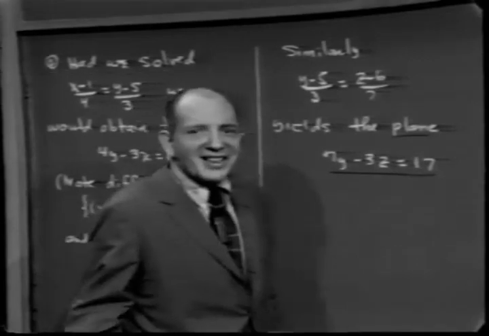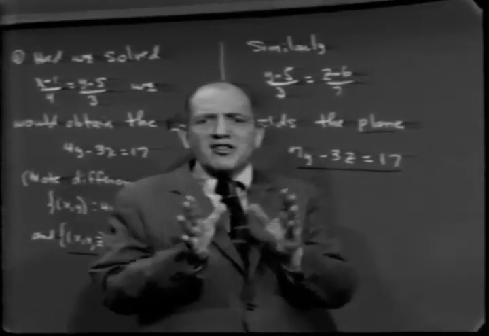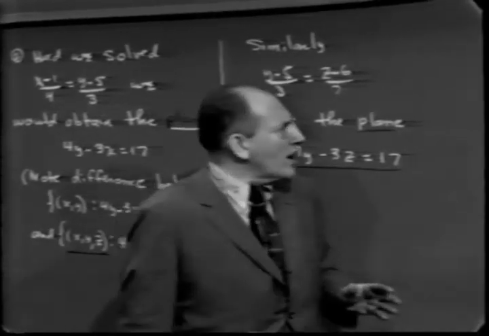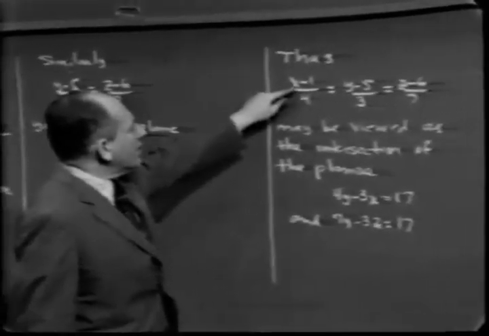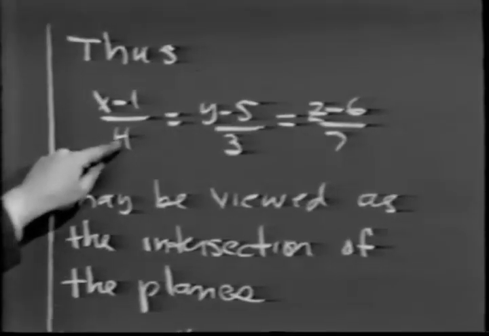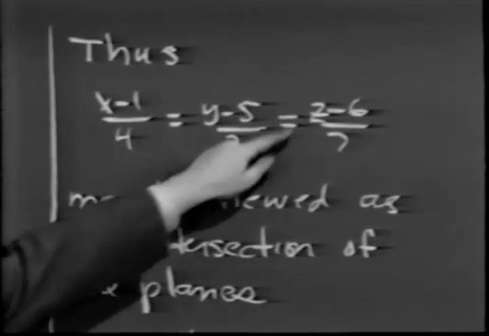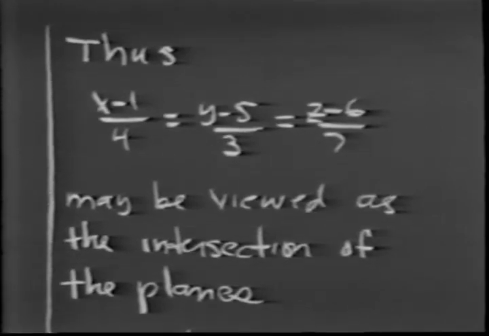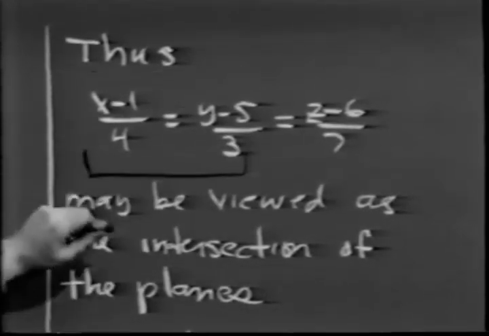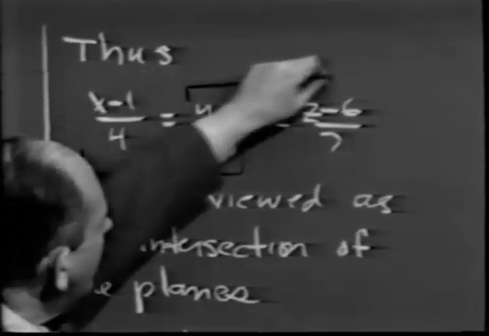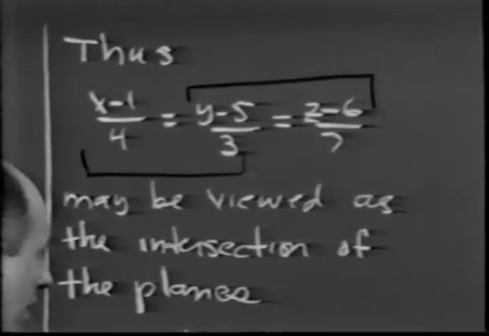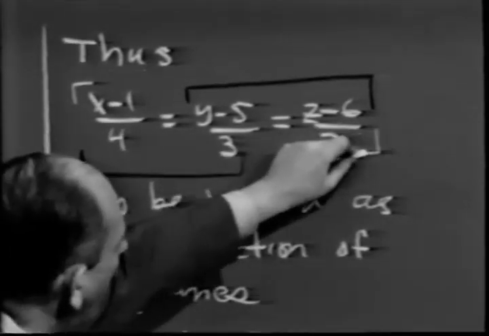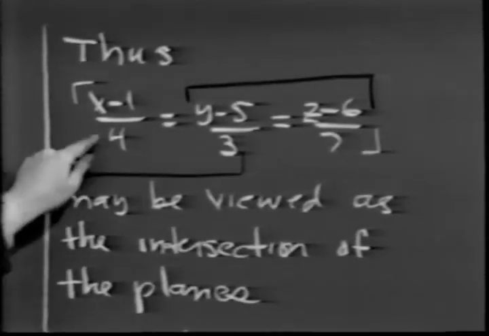So if you'd like to look at our set of 3 equations in pairs, another way of saying it is this: that the triple equality (x minus 1)/4 equals (y minus 5)/3 equals (z minus 6)/7 may be viewed as the intersection of the 2 planes, namely the plane determined by this equation and the plane determined by this equation. Of course, someone can also say, isn't there a plane determined by this one and this one? And the answer is yes, there is.